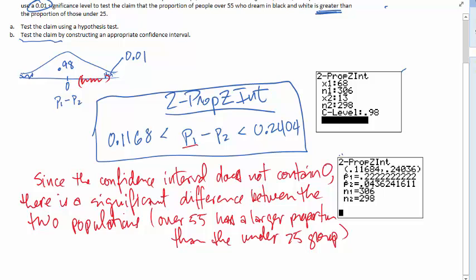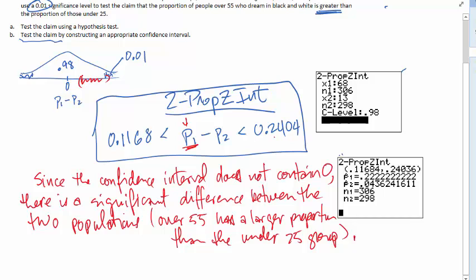Okay, so the over 55 is the first population, and the first population minus the second population yields a confidence interval that's positive. So it weighs more on the positive side on the first expression over here.